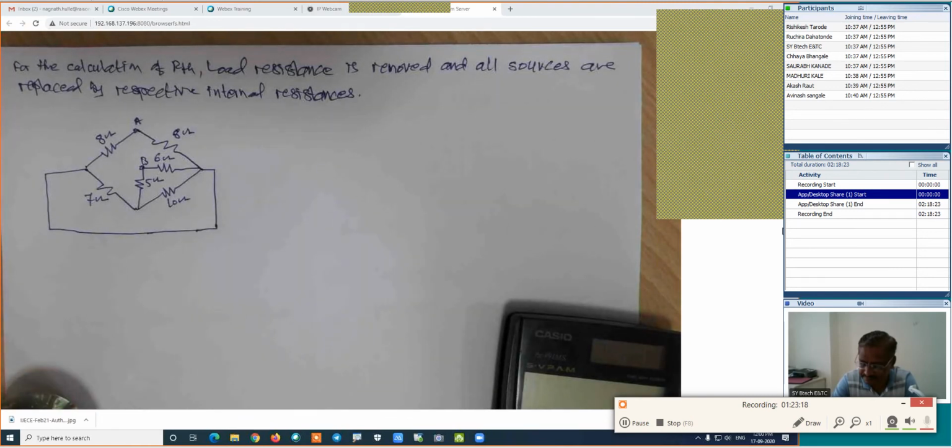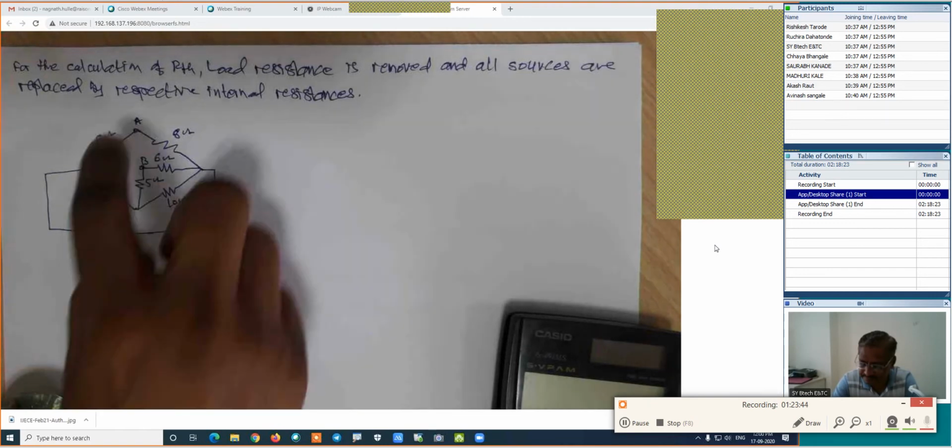Yes, anyone? If anyone has a doubt, please raise your hand. Now, as I discussed in the previous example, first try to take the terminals outside.